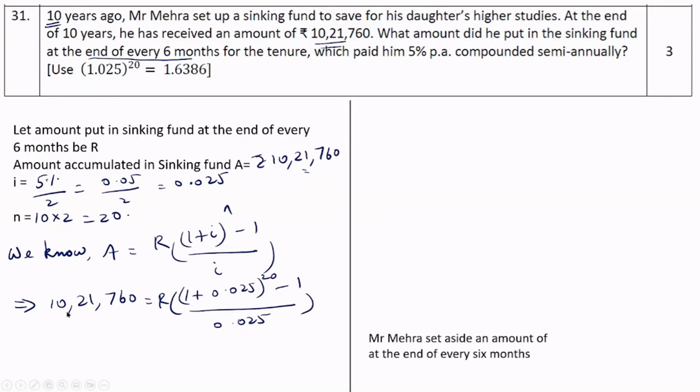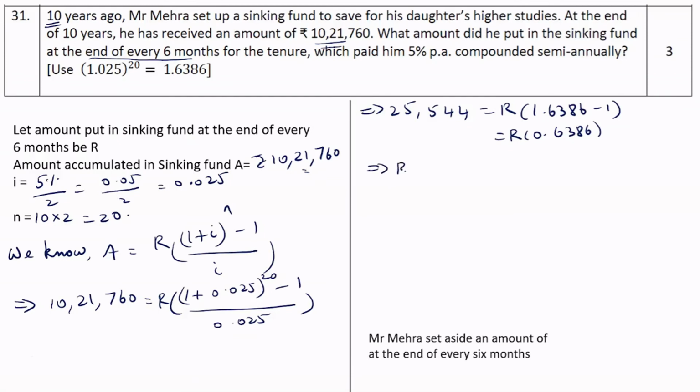Now when we cross multiply, 10,21,760 into 0.025 comes out to be 25,544. This is equal to R into (1.025 the whole raised to 20, which is 1.6386, minus 1). This is R into 0.6386.